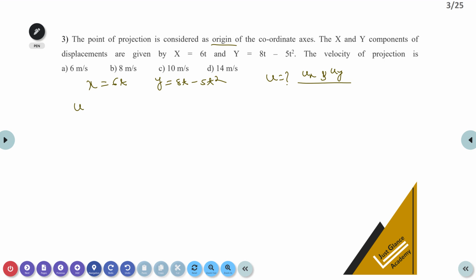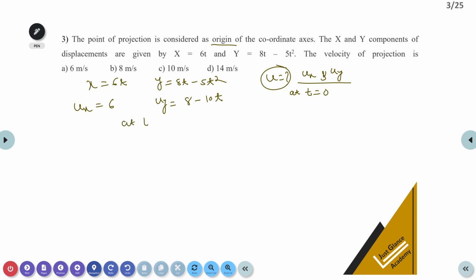First calculate from this. ux equal to 6, differentiating. Then uy equal to, differentiate with respect to t, 8 minus 10t. Is it right? Velocity of projection means at t equal to 0.